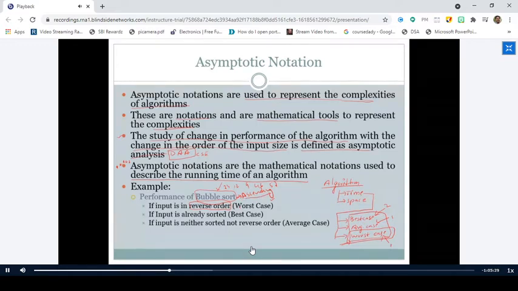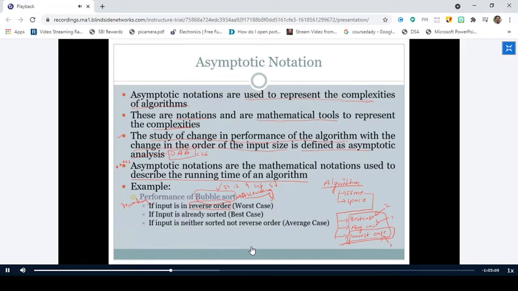What do you mean by worst case? You give the input in reverse order, that means in descending order, and you calculate the time in which it sorts this list of descending order elements into ascending order. That is called worst case.